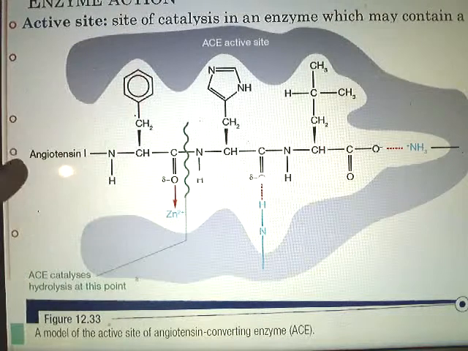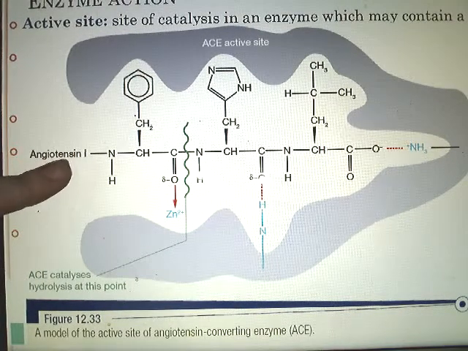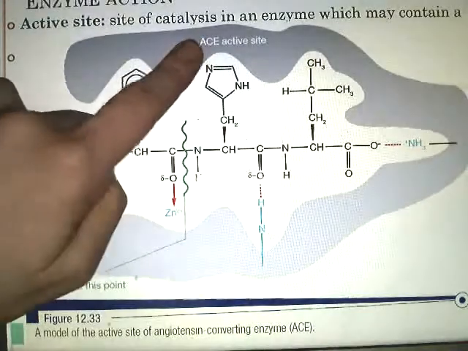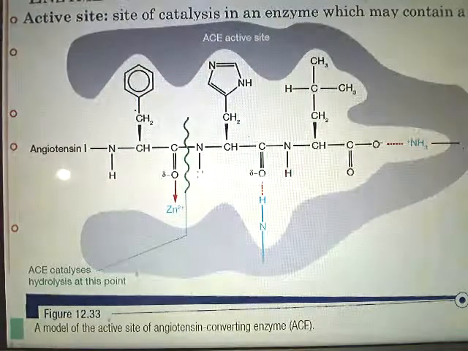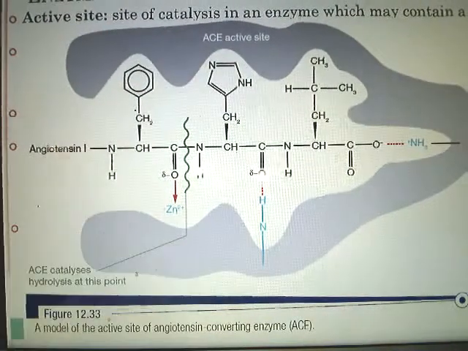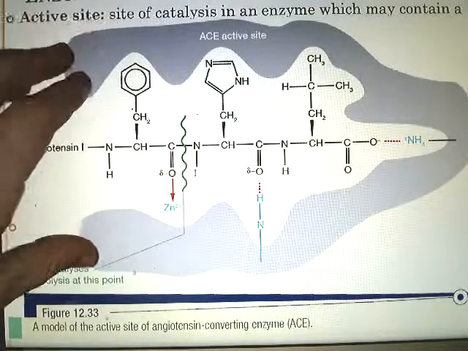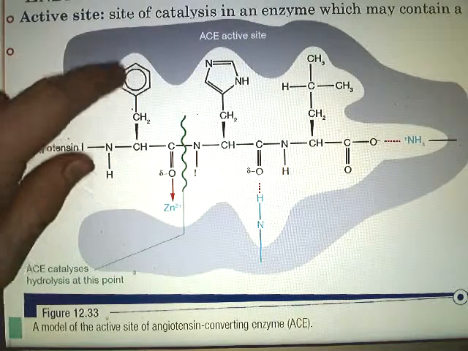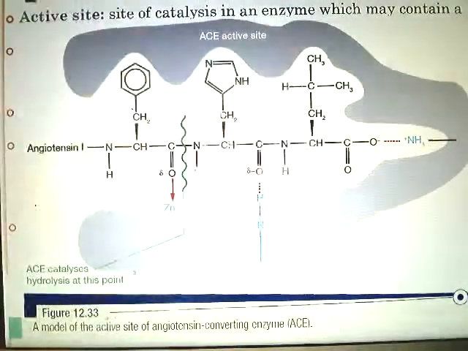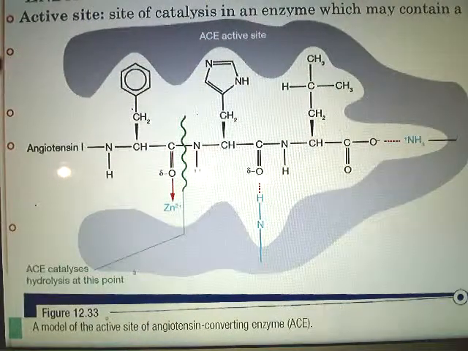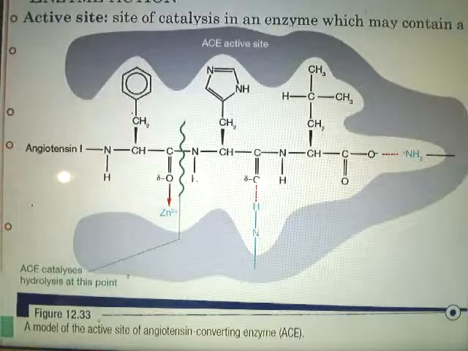So here we've got a substrate, angiotensin 1, and here we've got the ACE active site, angiotensin converting enzyme. So what it does is it bonds with the substrate. Now here the enzyme's active site is just here. It's the hole in the enzyme, the cavity, which can undergo the specific reaction.